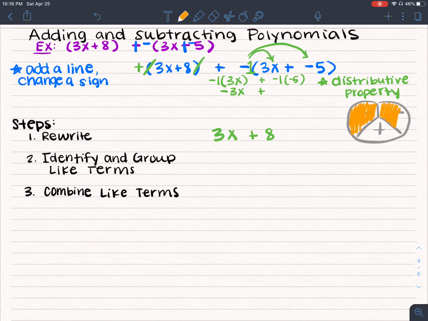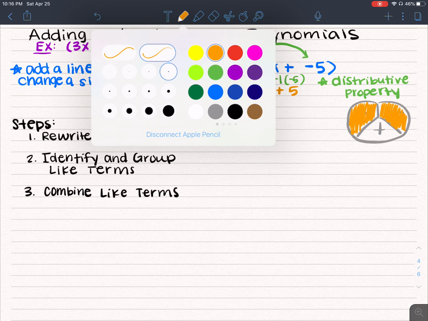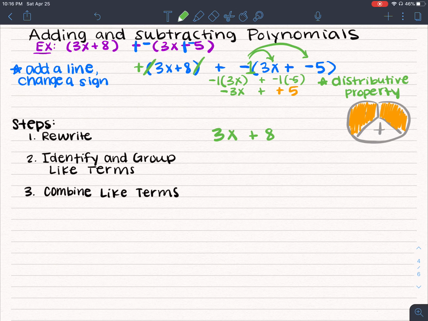And so after you see what's covered up, that's what your answer is going to be. So negative 1 times negative 5 is going to be positive, and it's going to be a positive 5. Right? So when I rewrite that, I can write plus negative 3x and plus 5.